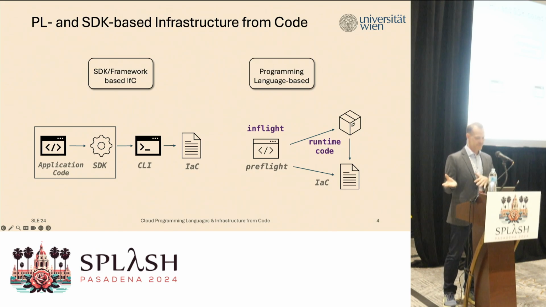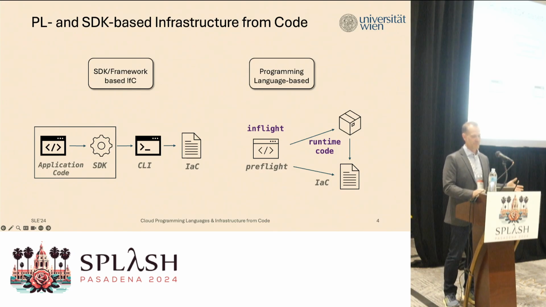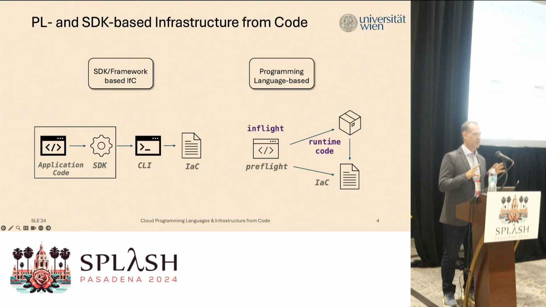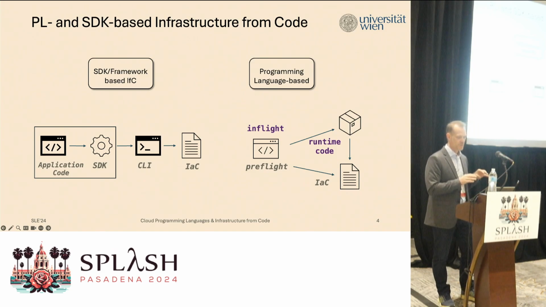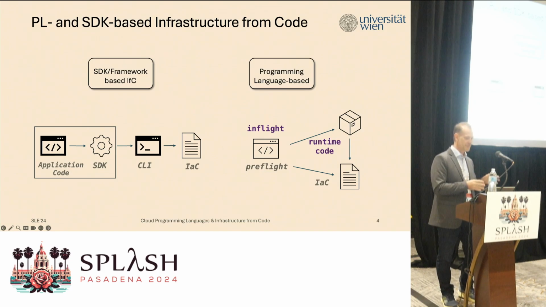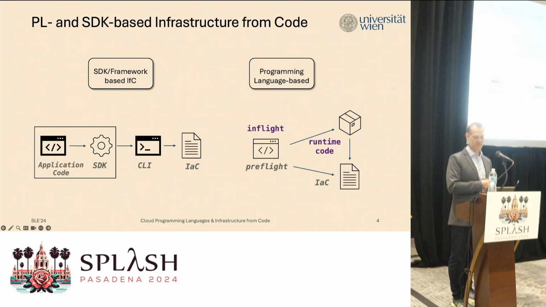On the other hand, we have Wing, which is a new programming language, which introduces two major concepts. I cannot go into all the details, but they look similar at first glance, while in depth they are very, very different.